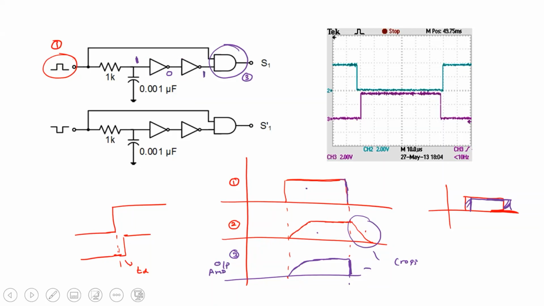Two NOT gates connected means it is not altering the pulse; whatever is here, the same value is there. But because of this RC circuit, we have some exponential rise or exponential decay. What the NOT gates do is produce a sharp rising edge and sharp falling edge, so it sharpens the edges. So it will produce sharp rising edge pulses, like this.